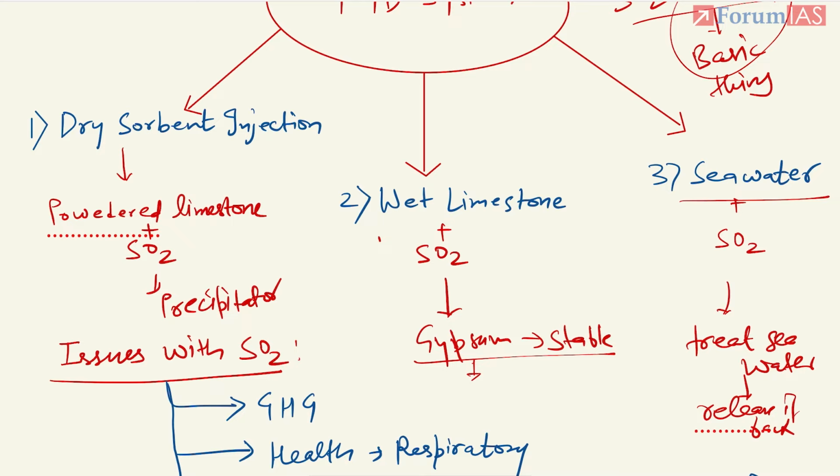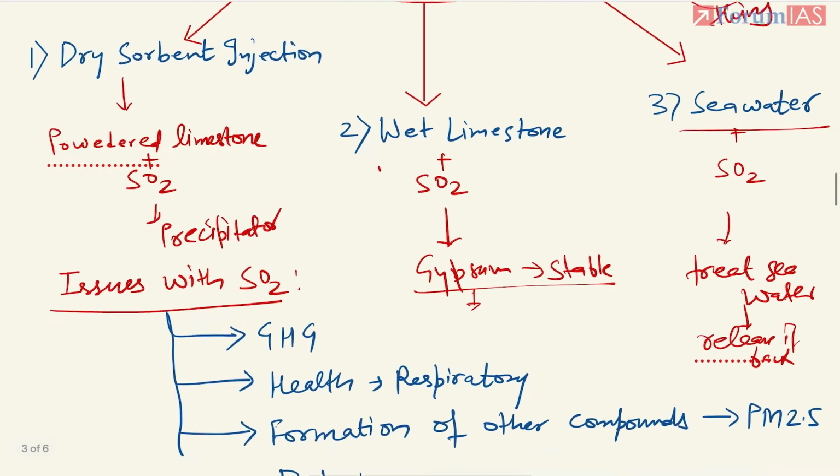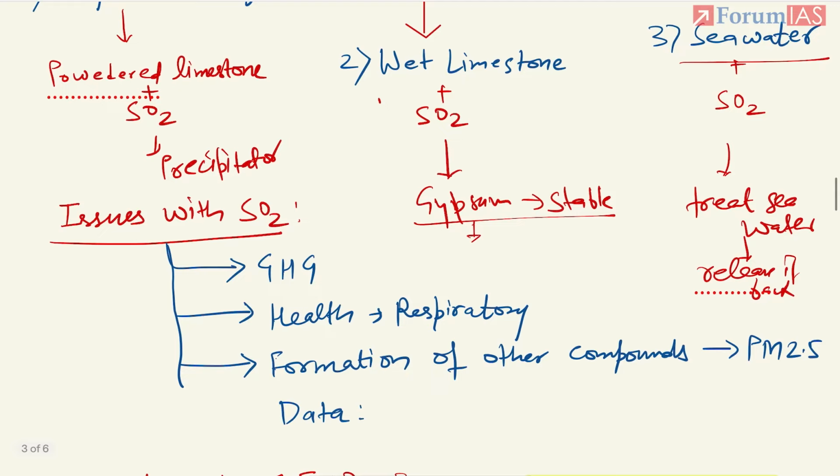So this is how SO2 is removed. Why does SO2 need to be removed? It's a greenhouse gas emission, as we have already seen. It causes acid rain also. Then health impacts are also there, respiratory effects. The other major thing is that SO2, when in the atmosphere, makes other variants of sulfur compounds, and then they react with other compounds, which makes PM 2.5.